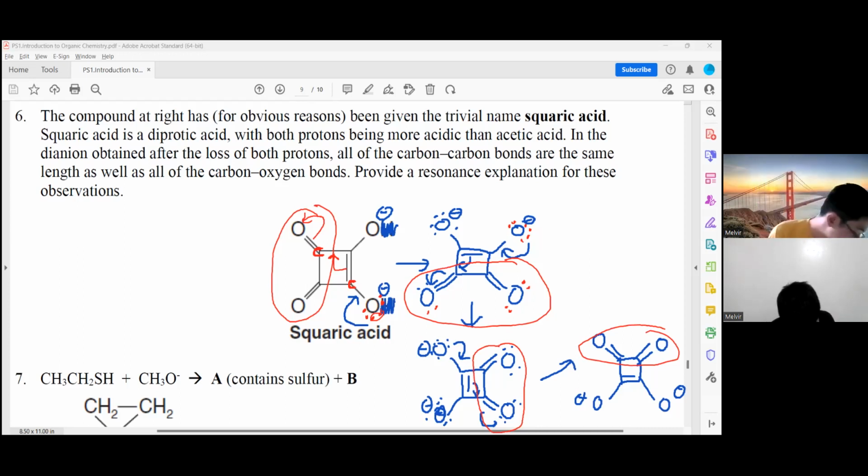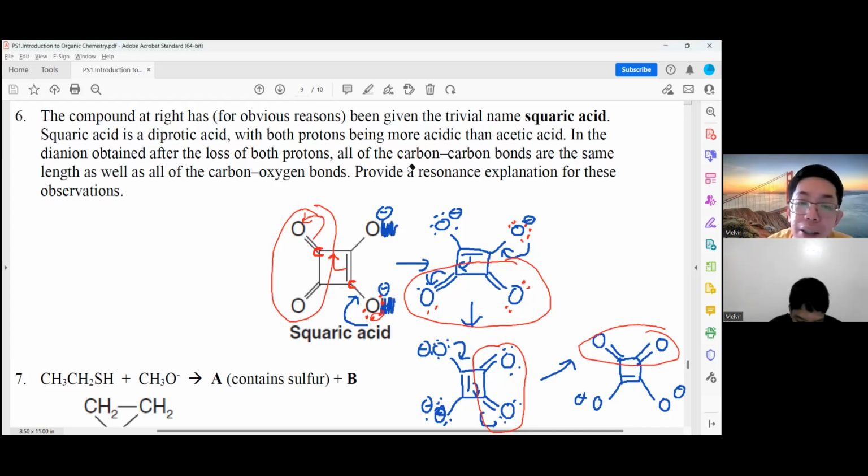Kasi umiikot naman pala siya eh. Can you give me the resonance hybrid structure for this? Sige nga, propose a resonance hybrid structure for this, Josh. Kasi equal contributors ang mga yan eh. Sige, propose to me the resonance hybrid structure for squaric acid.